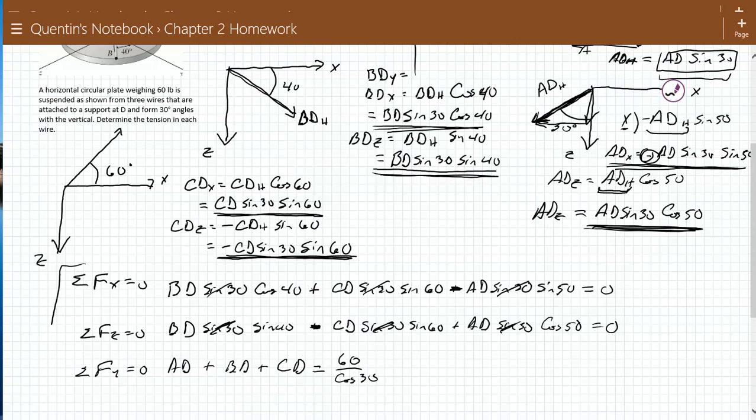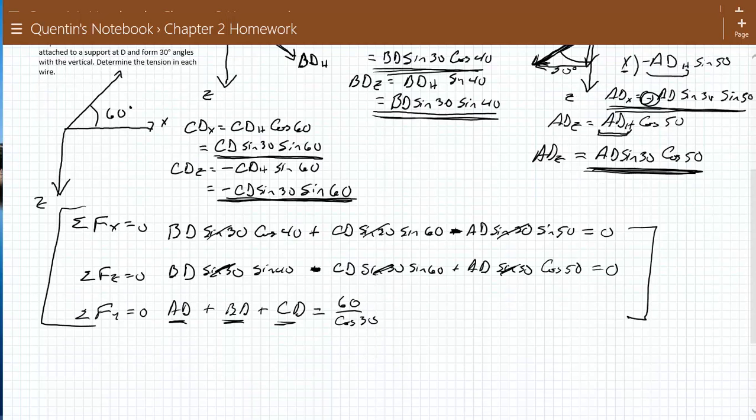So here are our three equations. Our unknowns are AD, BD, and CD. Three equations, three unknowns. At this point, I'm not going to walk through how to solve the equations, but I'll show you the answers.